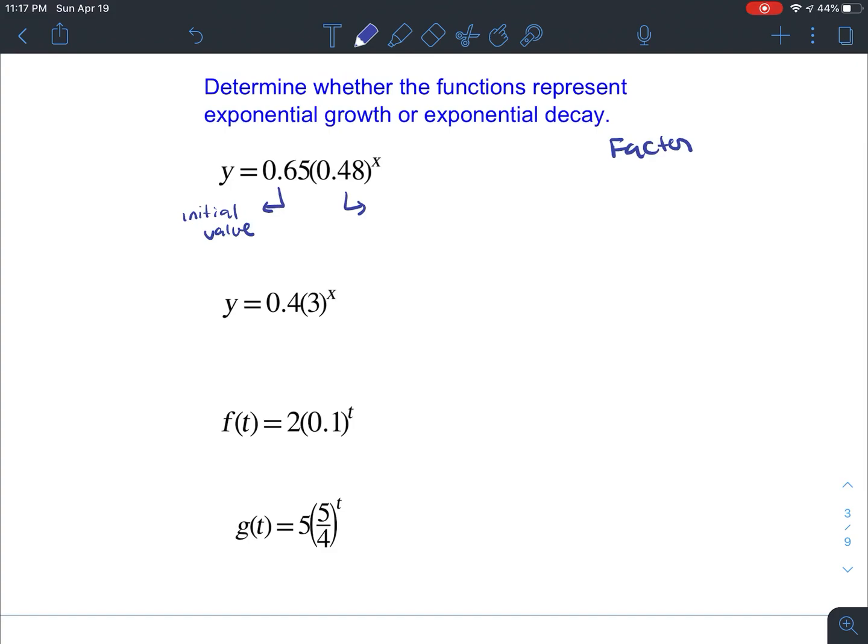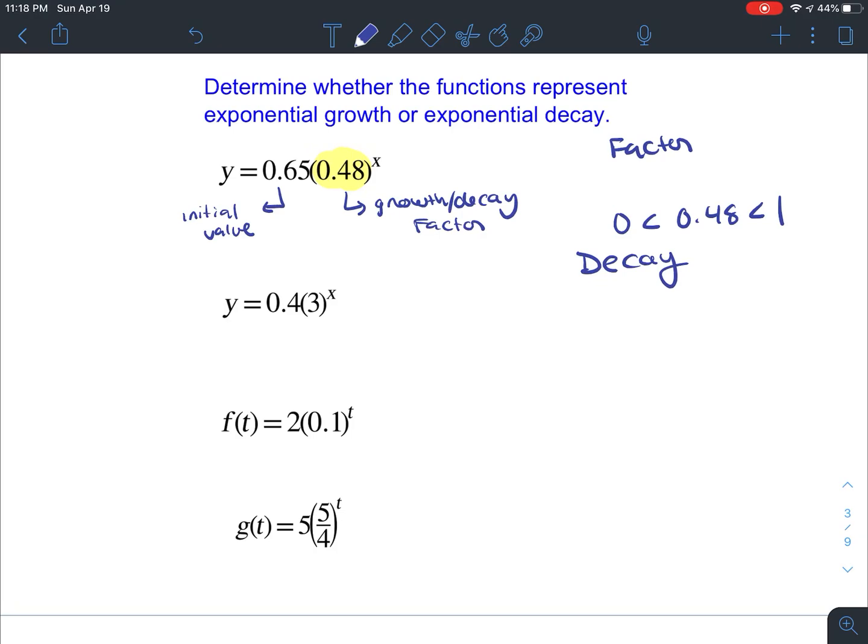And my 0.48 is my growth or decay factor. Okay, so now we look at the 0.48. What do we decide? Well, if it is in between 0 and 1, it's decay. If it is greater than 1, it is growth. 0.48 is less than 1. So that means this is decay.